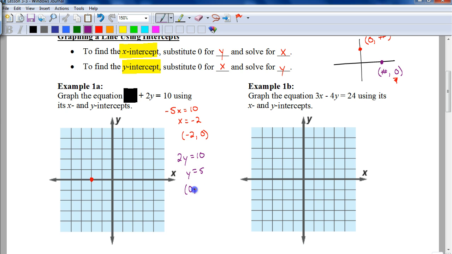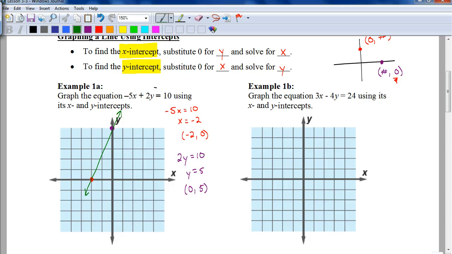In other words, that's where x is 0, y is 5. Plot that. 1, 2, 3, 4, 5 is right here. Connect with a line. Make sure to add arrows to the ends of both of these, and don't just stop at those points, because this line continues in both directions. And there's your answer.